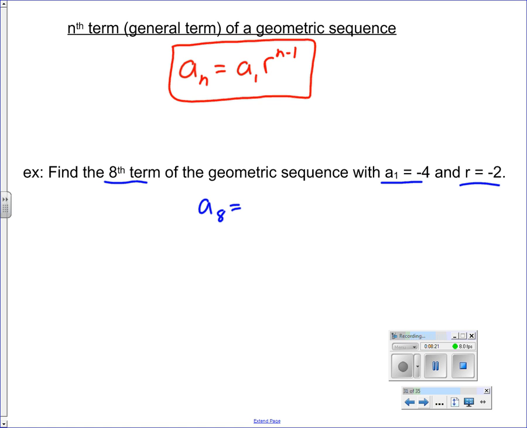The 8th term would be our first term, negative 4, times our common ratio, negative 2, raised to the n minus 1 power. So this is negative 4 times negative 2 to the 7th. That's negative 4 times negative 128, which makes positive 512.